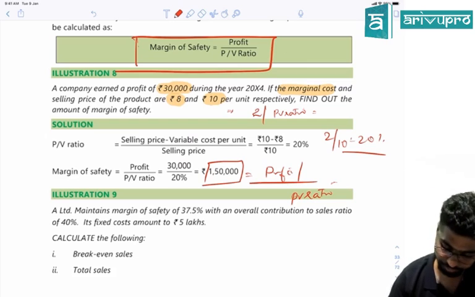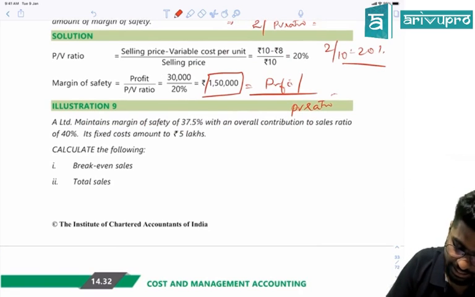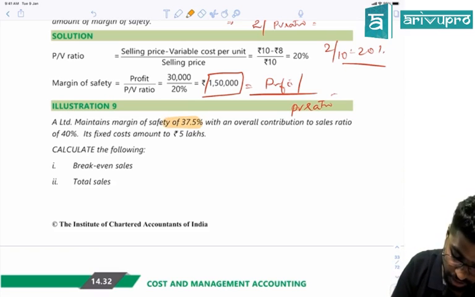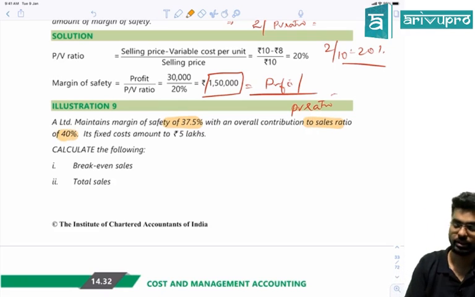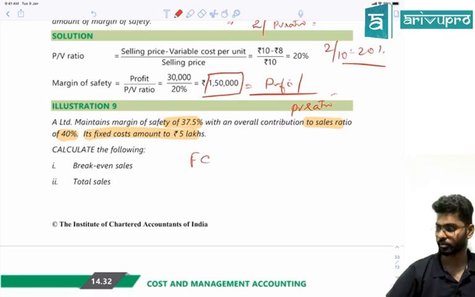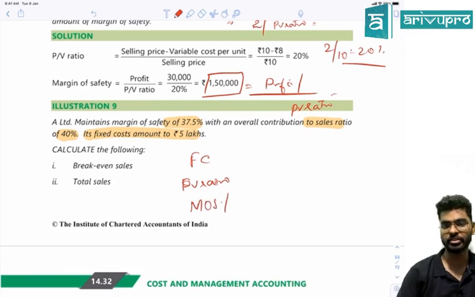Okay, everyone see here. Let me try understanding this question. What have they given? The company maintains a margin of safety of 37.5% with an overall contribution to sales of 40%. The fixed cost amounts to 5 lakhs. Now let me try understanding a few points with it. I know fixed cost, I know PV ratio, I know margin of safety percentage.